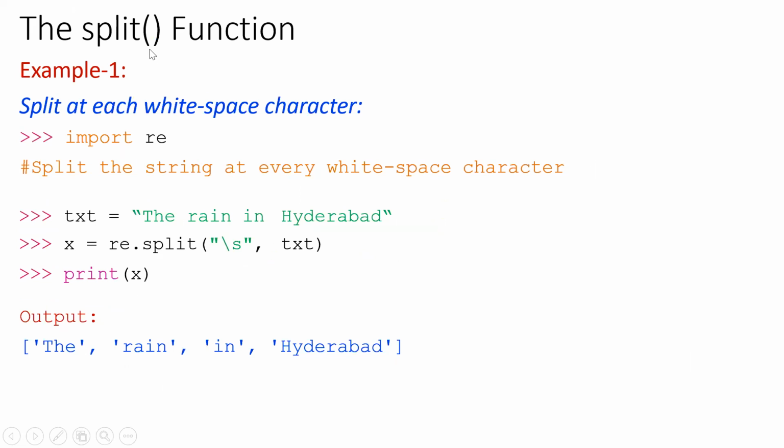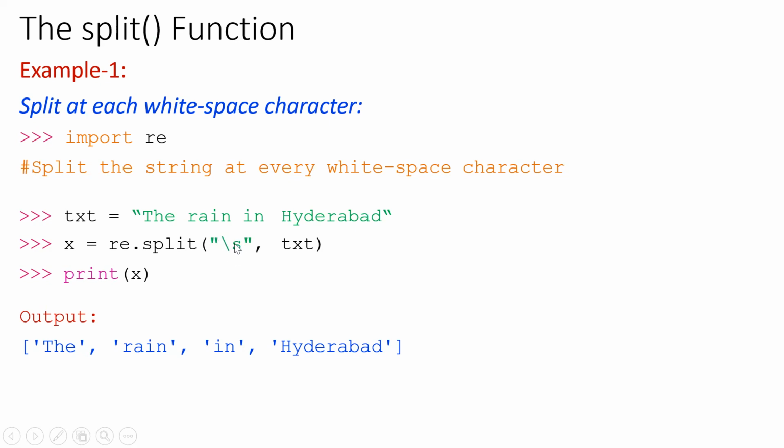So this is one more function, which is the split function we will be using in our regular expressions. It splits the string at every white space character. We have the text as "the rain in Hyderabad". We want to split this string, and you can use this method called split, and you are giving the pattern where to split the string. So you are giving this \s.